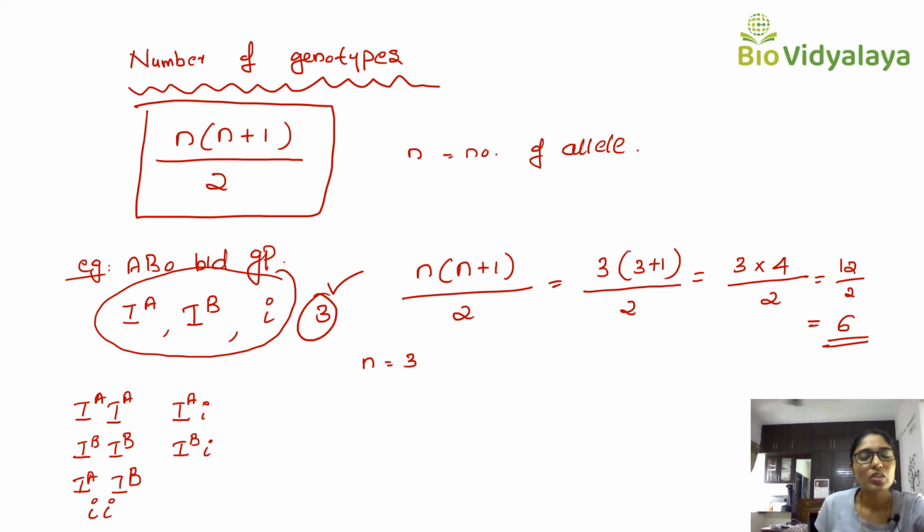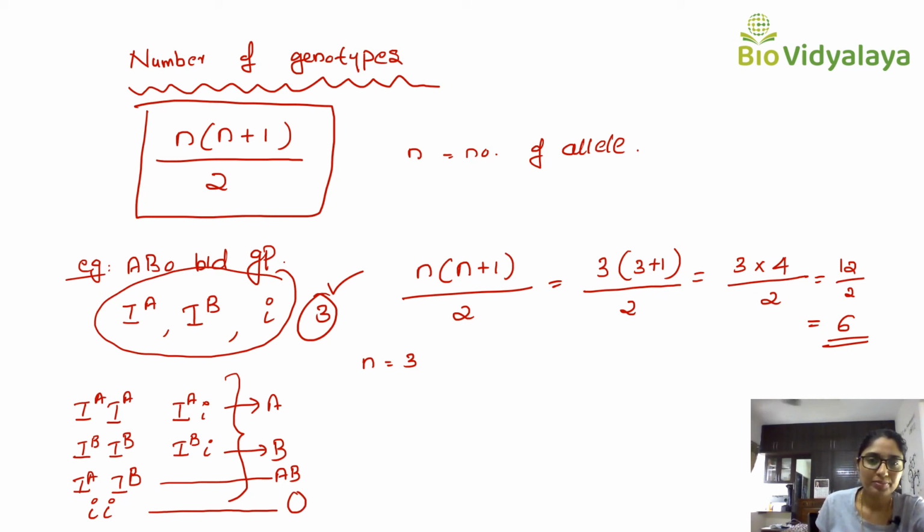Okay. So these are the genotypes of the ABO blood group. This is for A, this is for B, this is for AB and this is for O. Okay. So how many genotypes? 1, 2, 3, 4, 5, 6. Yes, this is correct. 6. Is it clear for you?